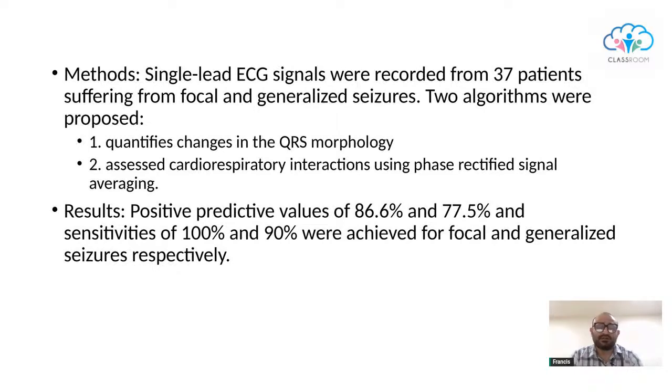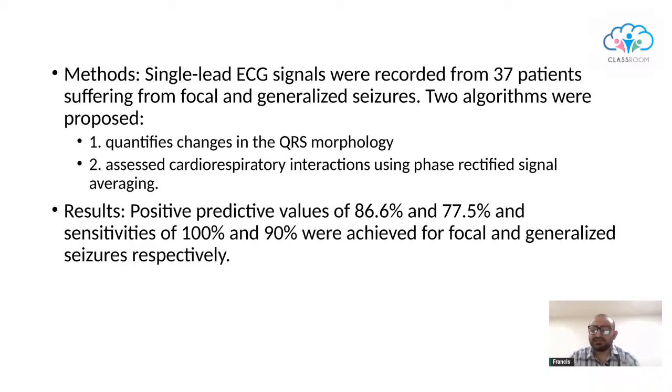One was an algorithm which quantifies changes in QRS morphology, and the other assessed cardiorespiratory interactions using phase rectified signal averaging. Positive predictive values of 86 and 77% and sensitivities of 100 and 90% were achieved for focal and generalized seizures. Of course, the sample size was fairly small.